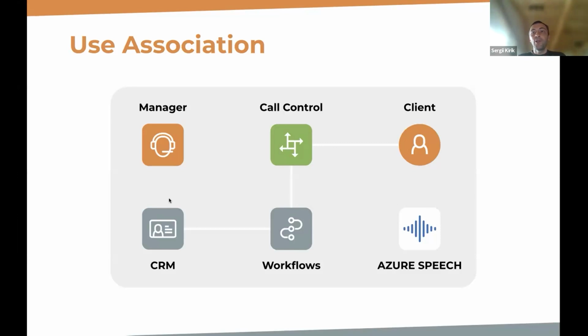So we know who managed this account. Optionally, PortaOne Workflows can request an AI service to synthesize a speech, an audio, and play it to the client to make it more personal, right? And eventually, we can immediately transfer this incoming call to the account manager of the client.